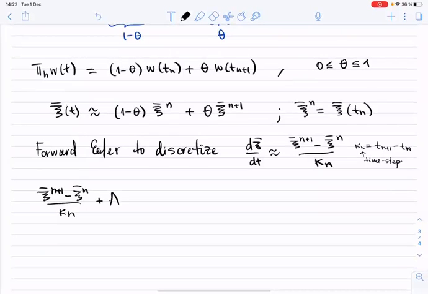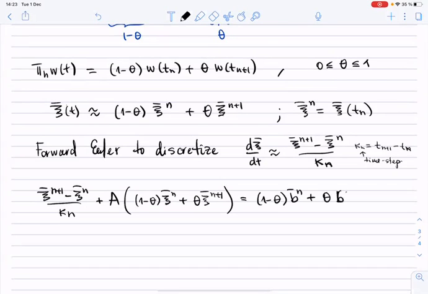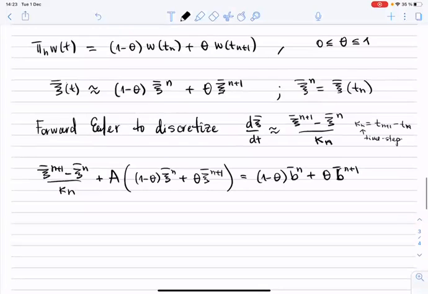So it's going to be A, inside the brackets, 1 minus theta psi n plus theta psi n plus 1, equals 1 minus theta bn plus theta bn plus 1. And we are going to solve this scheme for given psi 0 equal to psi 0 at time 0.